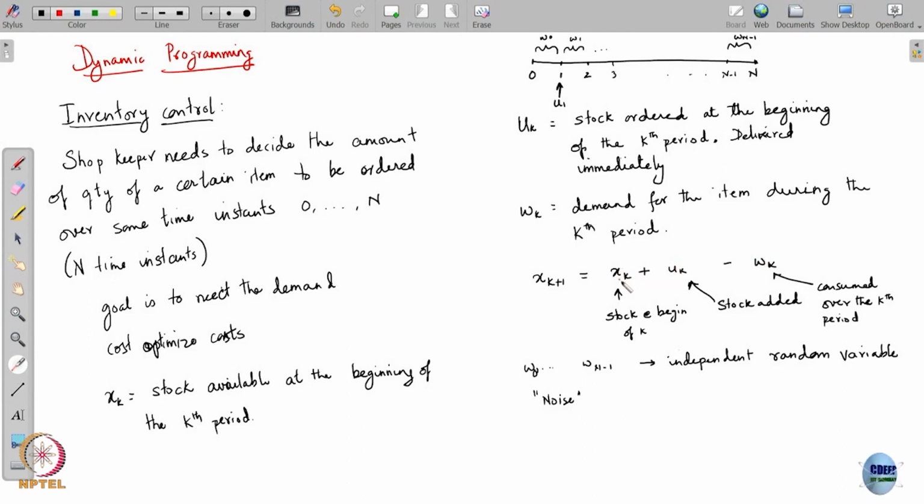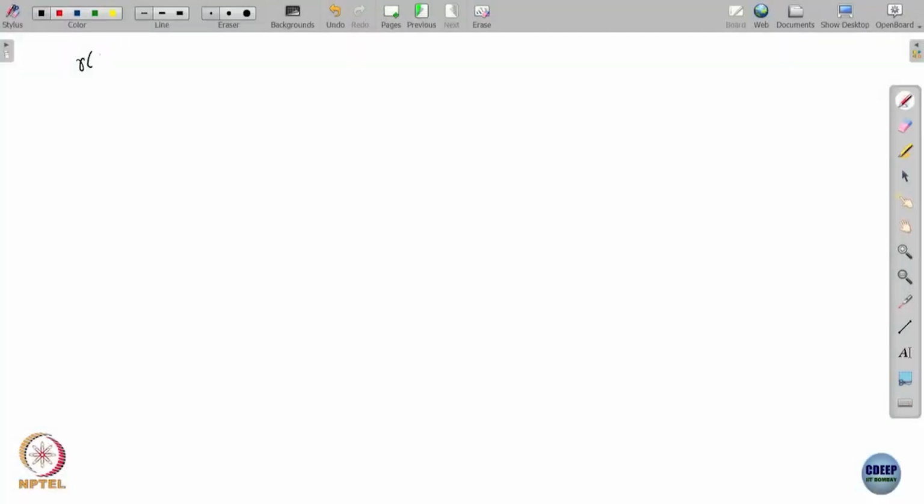Let me go to the next page then. These decisions have to be taken in order to optimize a certain cost, so let me write out a cost function for it. Let us say there is a cost R of x k.